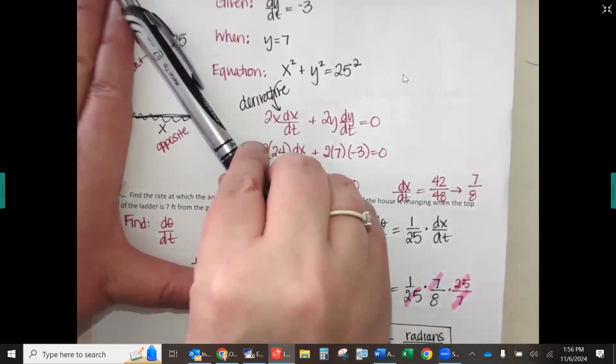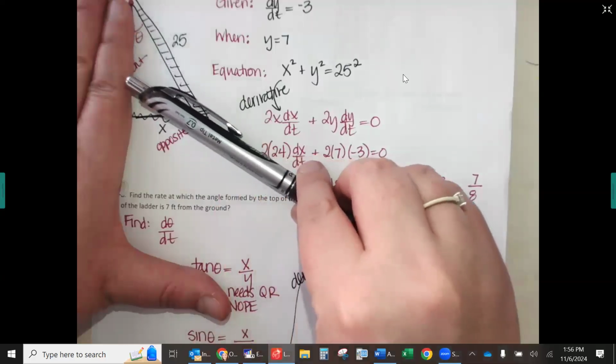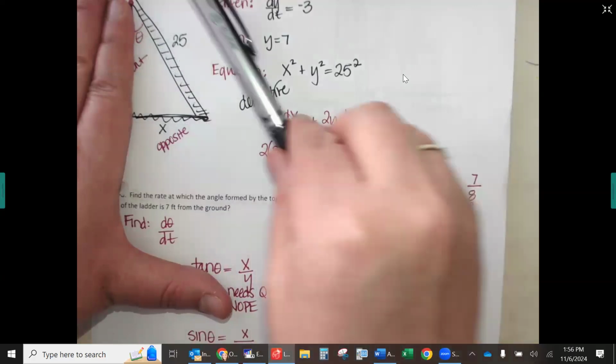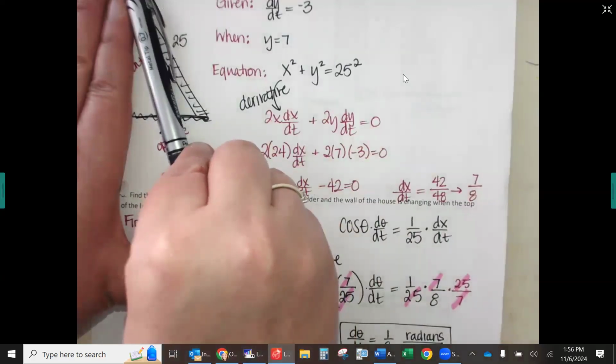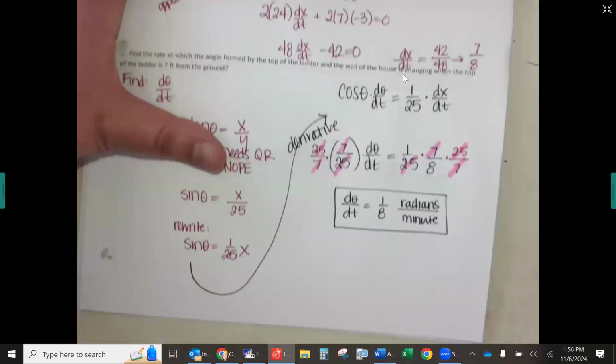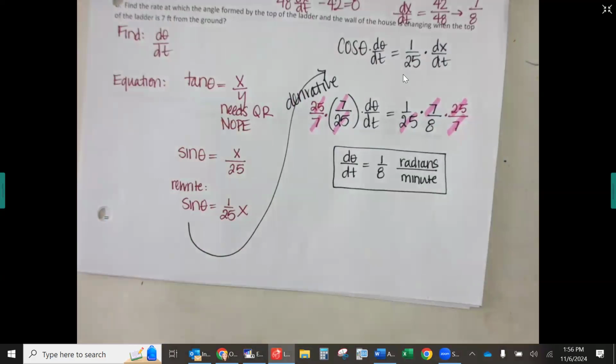As it falls, what's happening to that angle? Is it getting bigger or smaller? Bigger. Look, as it's really high, it's a little tiny angle, and then as it slides out, that angle is getting bigger. Yeah, then that means a positive rate of change would be what we expect. Good?